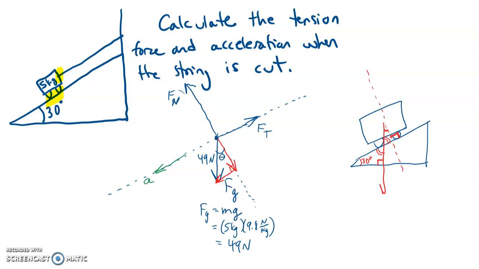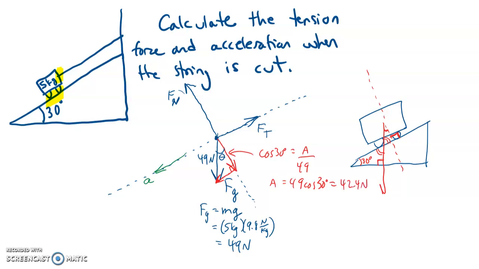So now we can get down to business with finding our components. This component right here, the y component, is adjacent to that 30-degree angle, so I would use cosine. Cosine of 30 is equal to adjacent over hypotenuse, which is 49. So adjacent equals 49 cosine 30, and according to my calculations, that is 42.4 newtons.